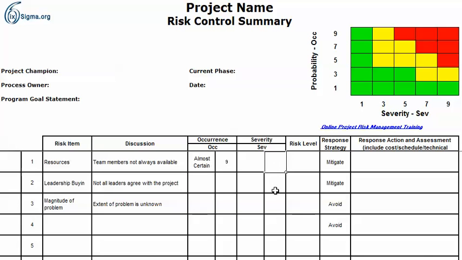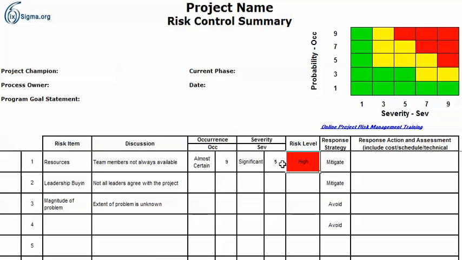In terms of severity, how severe would that be if many of the team members are experts in the content of the process, which they very likely are? Then that would be quite severe. But let's just say, for the sake of the example, I decided to designate the severity of 5, and by doing that, it translates the 5 to significant, and therefore it colors it red.